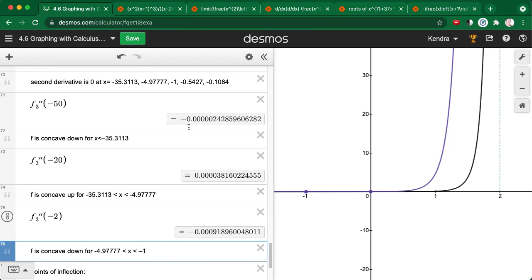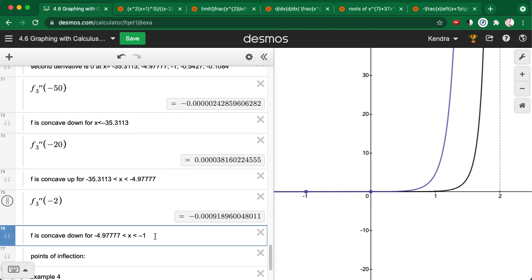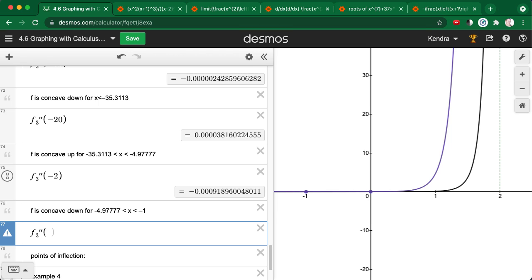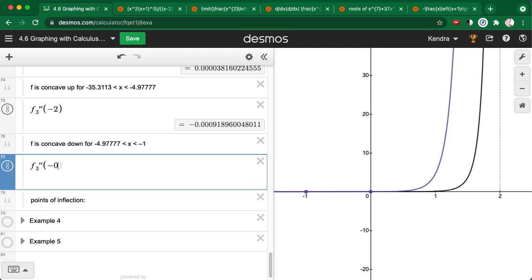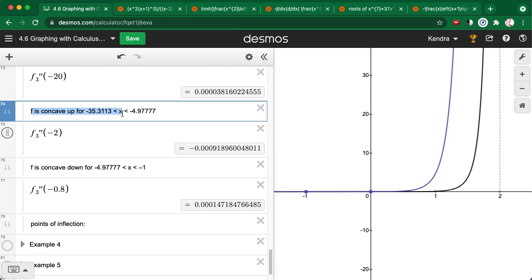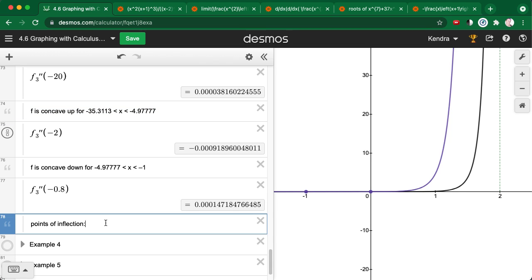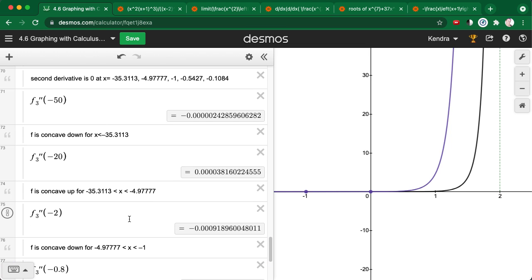All right, now I need a number between -1 and -0.5. So f3 double prime of -0.8. It's positive, so it's concave up for -1 to -0.5427.